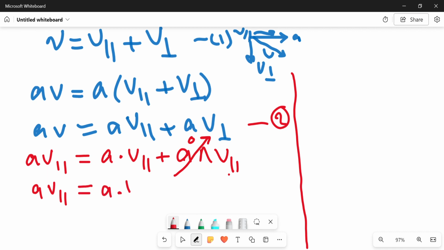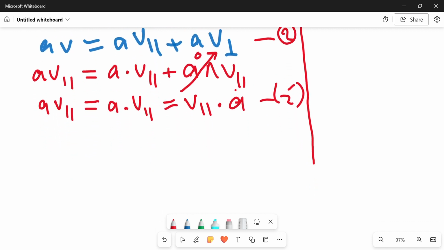So the geometric product AV parallel is the same as A dot V parallel, the dot product. The dot product commutes, which is the same as V parallel dot A. Let's call this 2 prime, for example.